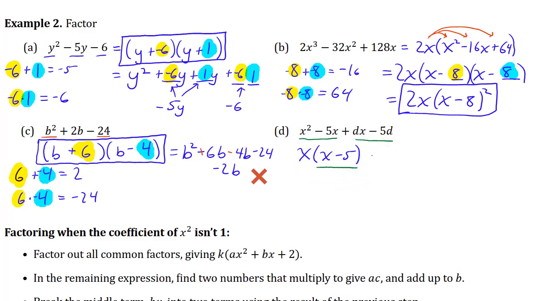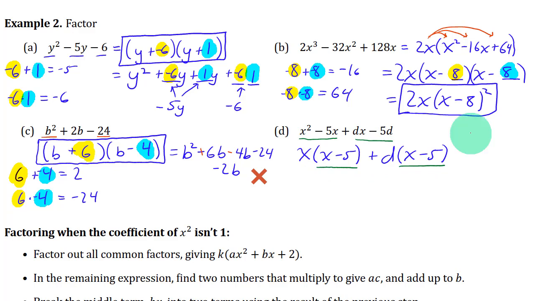And then this over here, both of these terms have a d. So you can take out the common factor from those, and you'll be left with d times x minus 5. Like so. And now, these 2 terms have a common factor of x minus 5.